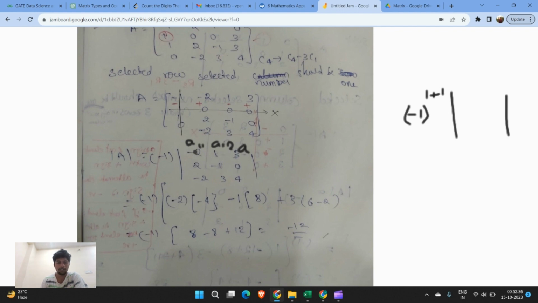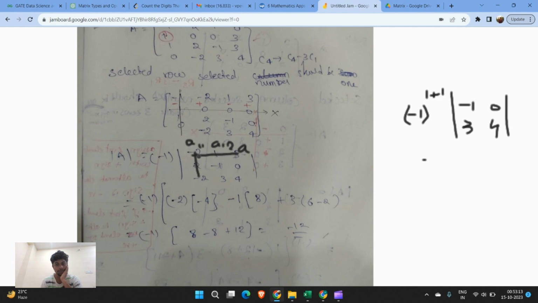So remove this row and this column, and whatever you got, place it here: minus 1, 0, 3, 4. If you solve this one, obviously minus 1 whole power is positive, that's why we give it as a plus. And 4 minus 1 is minus 4. This is the AD minus BC formula only. So minus 4 minus 0, so it's obviously minus 4. That's why we got the minus 4.